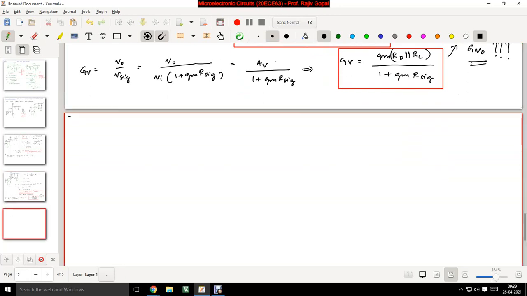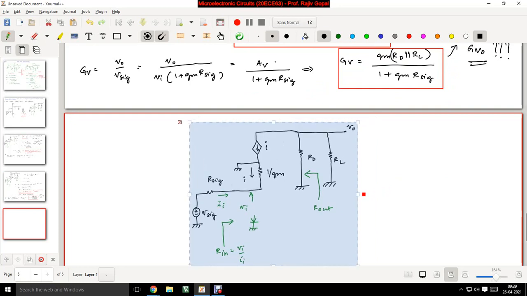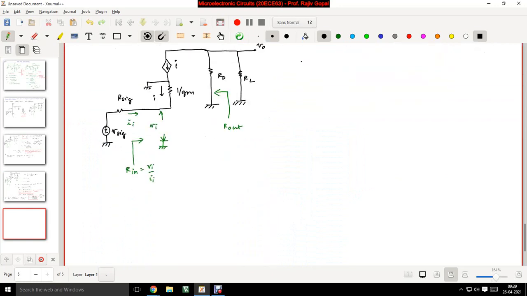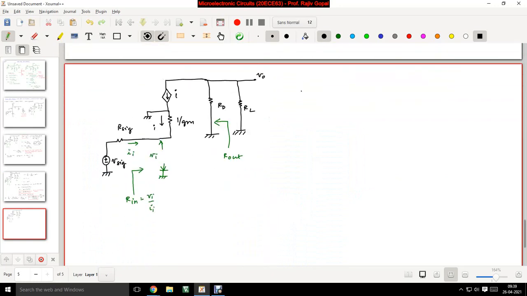So let us look at this figure again. But this time, instead of having V signal and R signal, I'll replace that with Norton's equivalent. Generally these amplifiers are used in cascaded stages, like this: A1, A2, A3. The output of the first amplifier is V0 with output resistance R0.